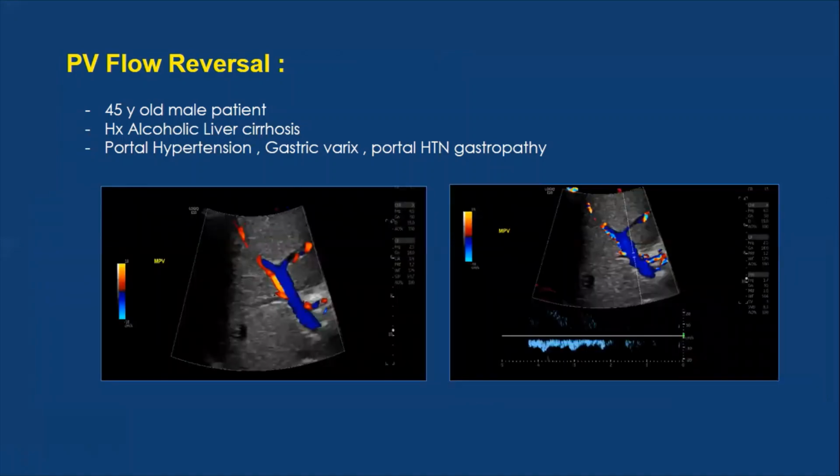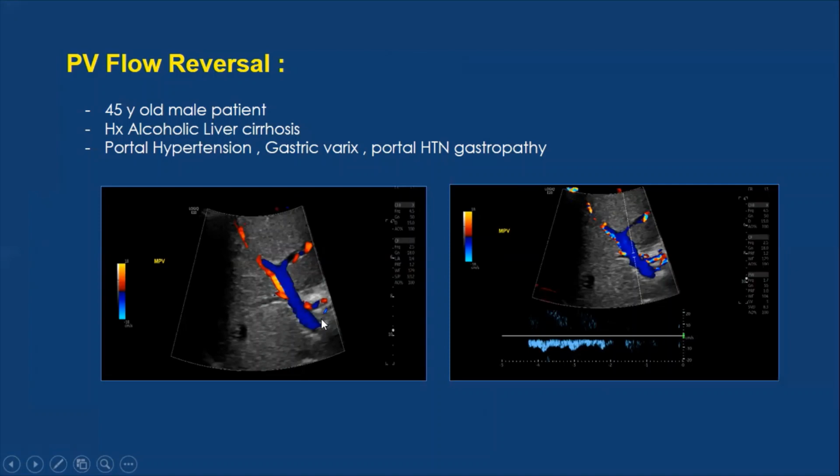When interrogating the portal vein, the map tells me that blue color is for blood flow going away from the beam. We know that normally the portal vein flow is hepatopetal, so it should go toward the probe, the beam, and should be displayed in red.